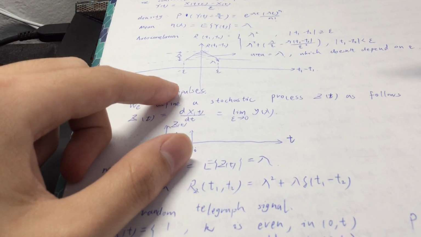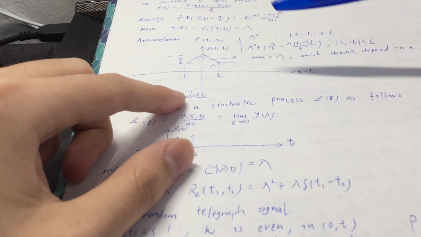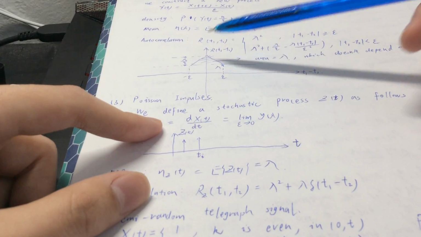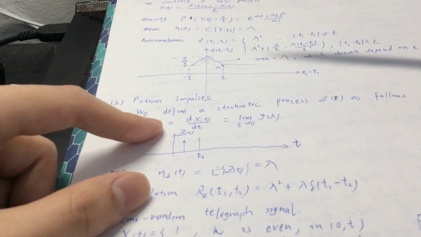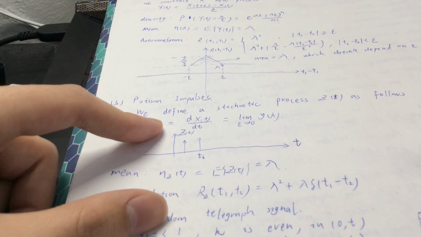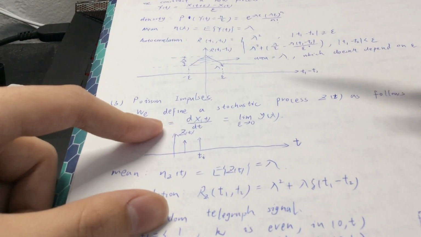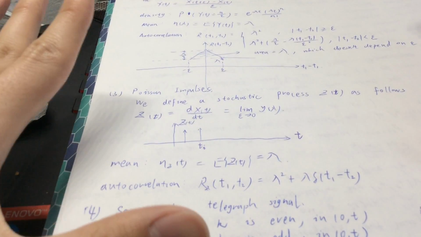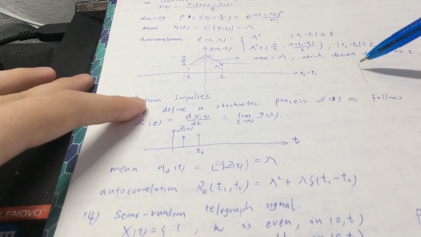If we sketch the graph of the autocorrelation, we know that the area of this part is equal to lambda, so it doesn't depend on the value of epsilon. So when epsilon goes to 0, the triangle becomes an impulse with area lambda also.